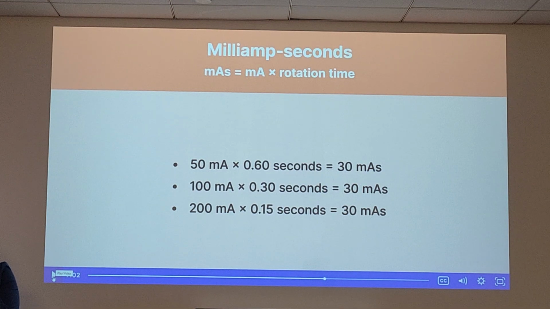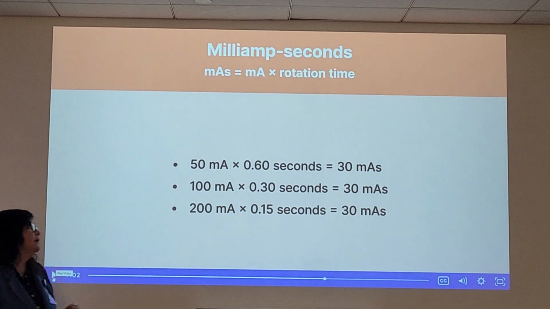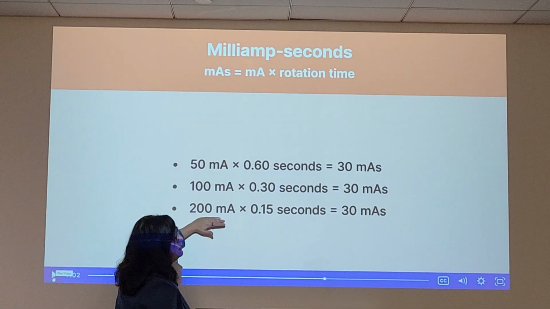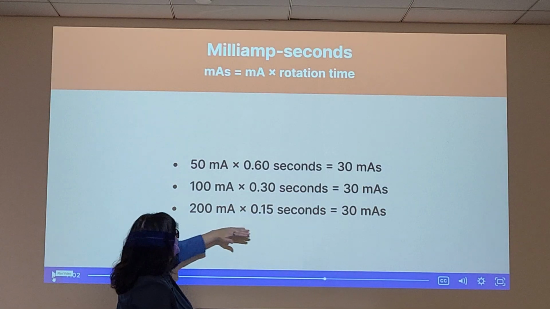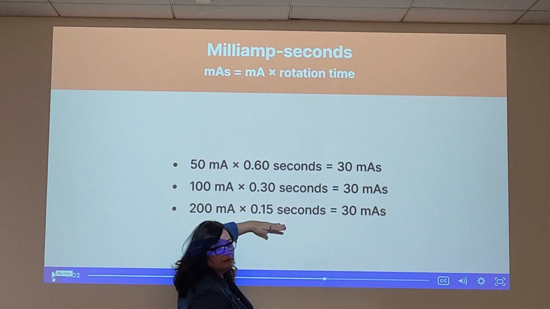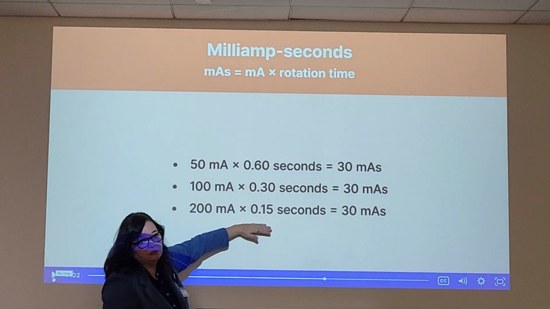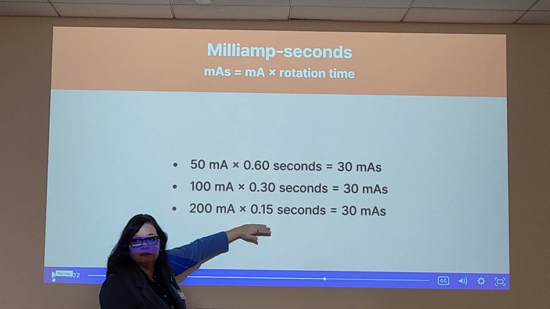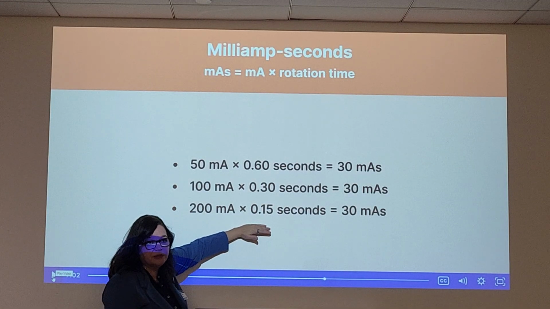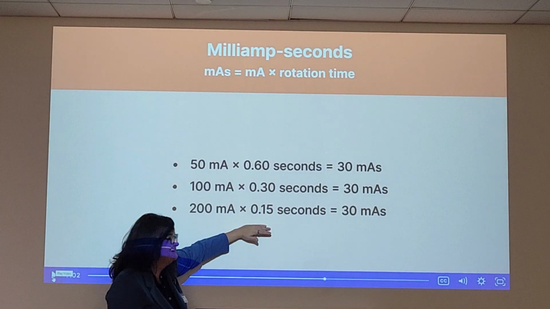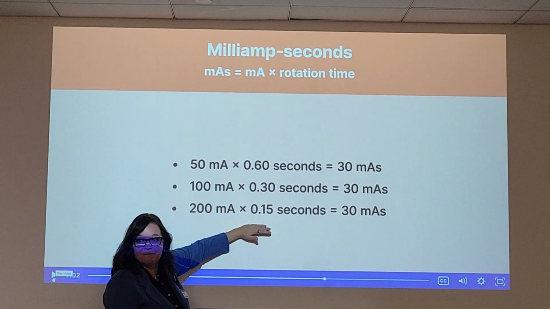Now, are you ready? If I leave MA alone, but I increase my time by 2, so now we have what? 0.15 times 2 is? 0.30.